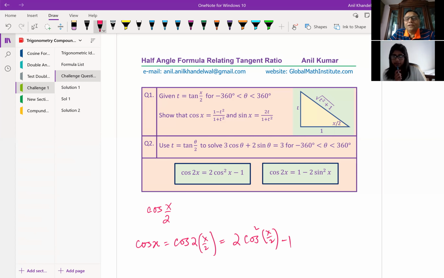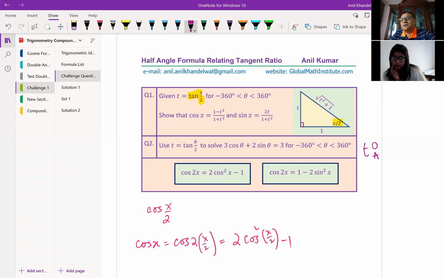Yes. Now, since t is tan x by 2, that really means if I have a right angle triangle as shown here, and the angle is x by 2, tan is the ratio of opposite over adjacent, right? So that means tan is t over 1.